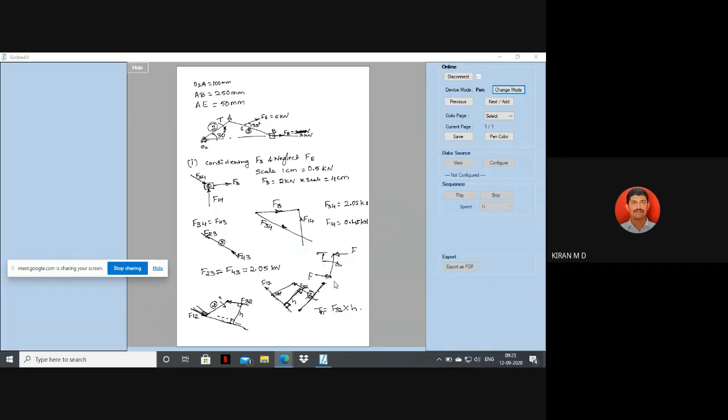Torque is equal to F32 into H. So I got 157.5. Right? Very far away from your answer. No, 140. I got 147. It shouldn't be that far, sir. Is it fine for me to have it as 157?